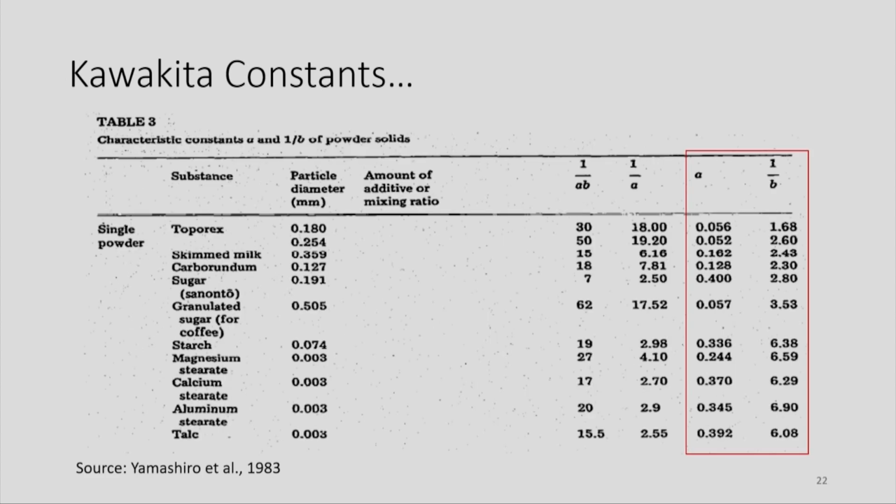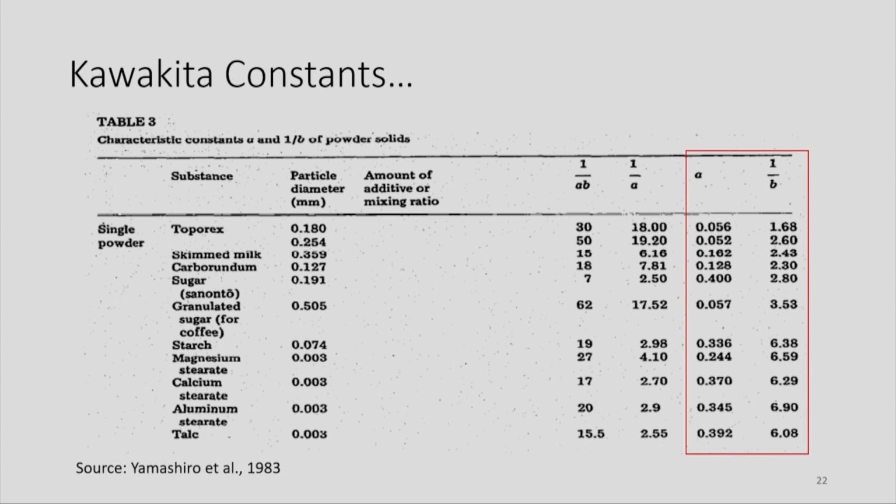These are some examples from Kawakita and Lude's paper. You see the values are not constant. Some samples will have high A and 1 over B values, as we saw in the last slide, and lower values indicate better flow properties, right? Talc, we all know talc. Usually the particle sizes are small, so the flow behavior will also be poor.